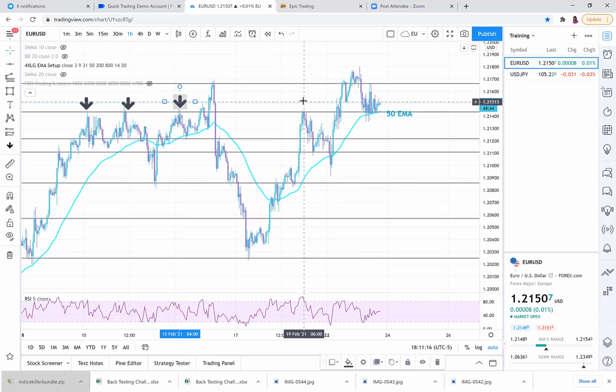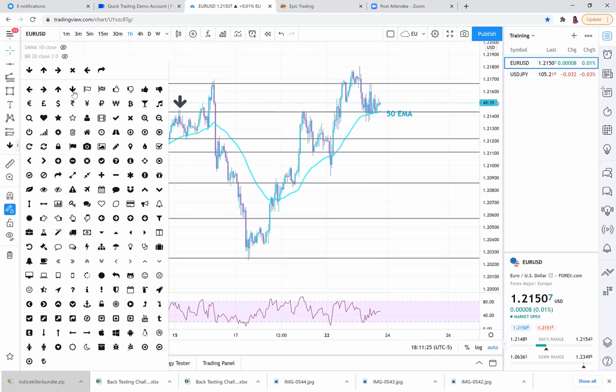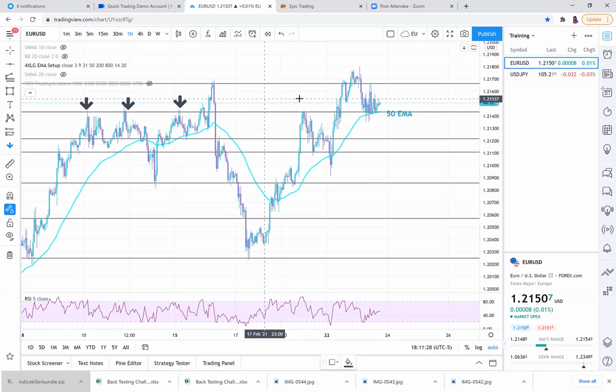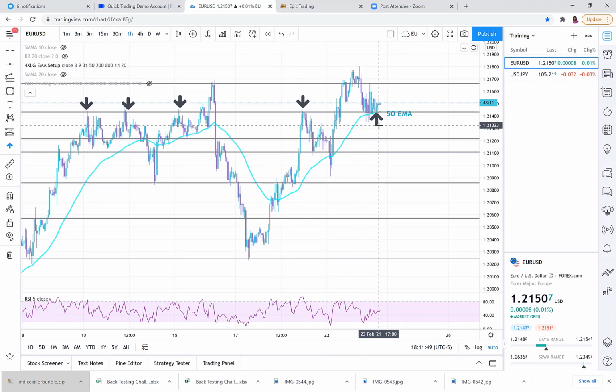There, a wick touches it. You can see the tops of these candles here are resting on that line. And then another reason that we chose this horizontal line is that the bottoms of these candles are resting on it. Okay, so let's get out of drawing mode and let's delete that one.